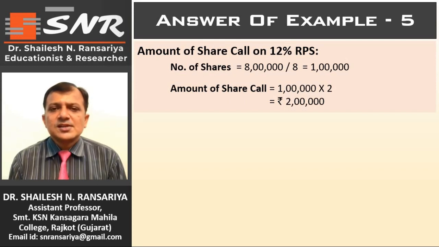Number of shares is equal to 8 lakhs paid up value divided by per share paid up value 8. So number of shares is 1 lakh. Now amount of share call is equal to 1 lakh multiplied by rupees 2 per share. So the total share call amount is rupees 2 lakhs.